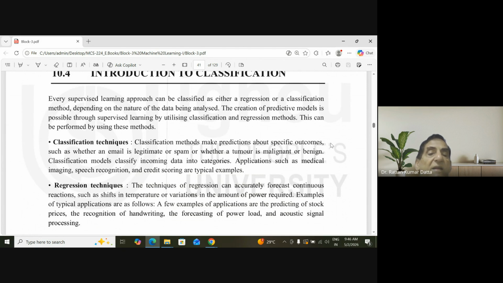Classification methods make predictions about specific outcomes, such as whether an email is legitimate or spam, or whether a tumor is malignant or benign. Malignant is dangerous, benign is nothing, there is no pain in benign. Classification models classify incoming data into categories, with applications such as medical imaging, speech recognition, credit scoring, artificial intelligence.